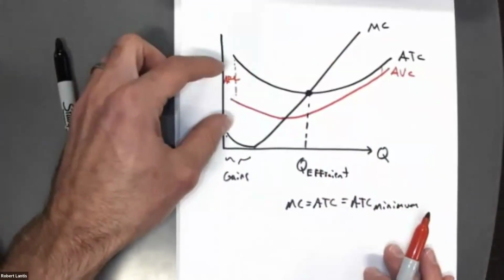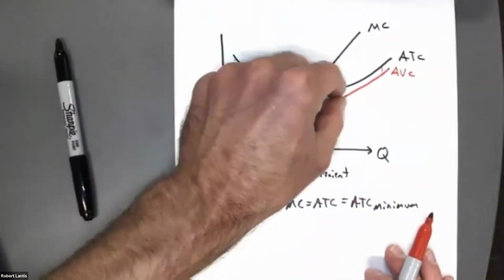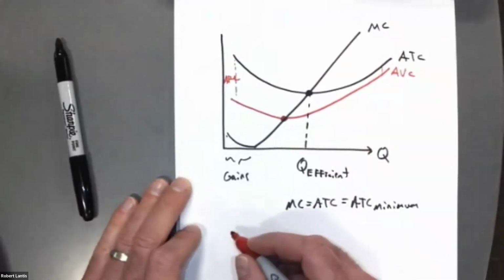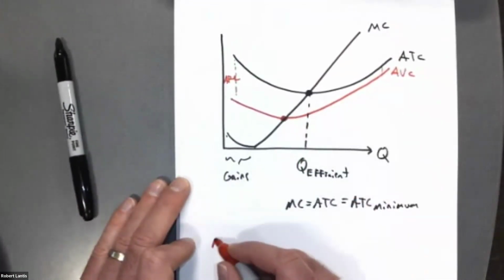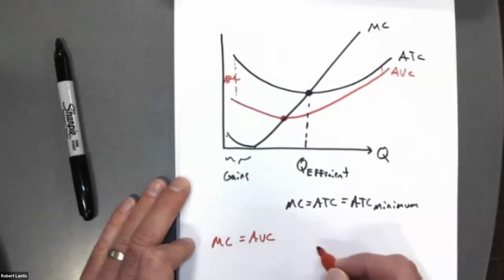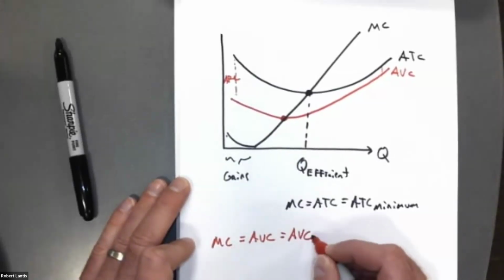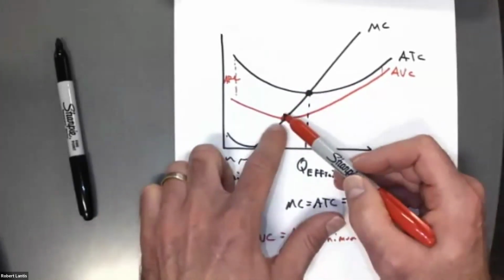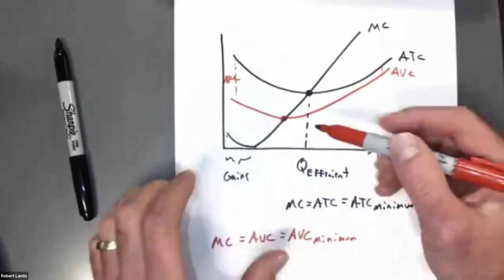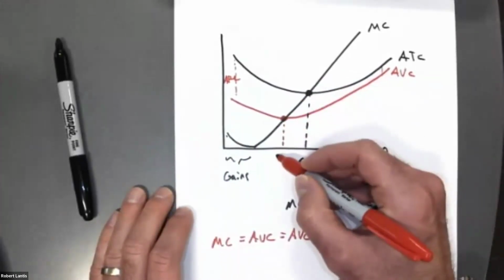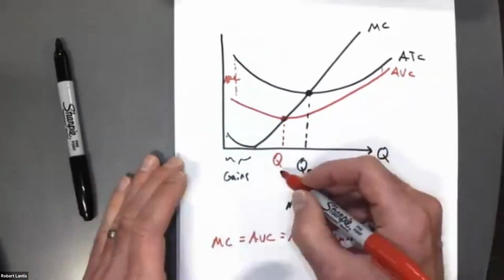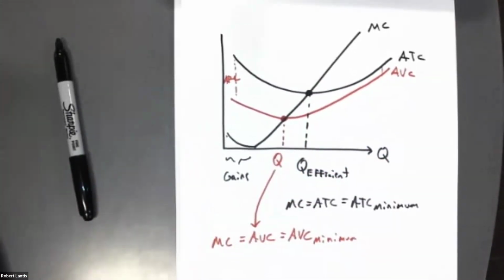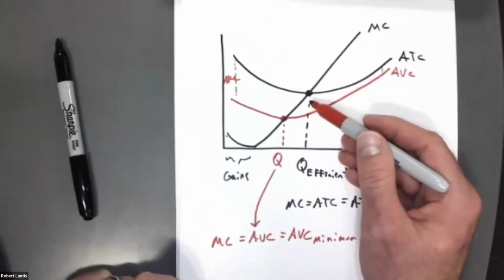As we produce more units, the average fixed cost keeps going lower and lower, so that gap is getting closer and closer. What will also be true is the point where marginal cost is equal to average variable cost will be at the average variable cost's minimum. We don't really have a name for this, but this is the quantity where marginal cost is equal to the minimum point of the average variable cost. That will always be at a quantity lower than the efficient scale.